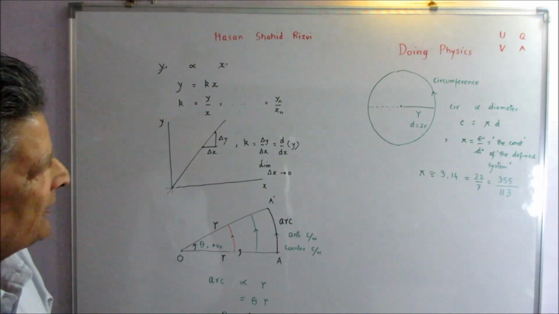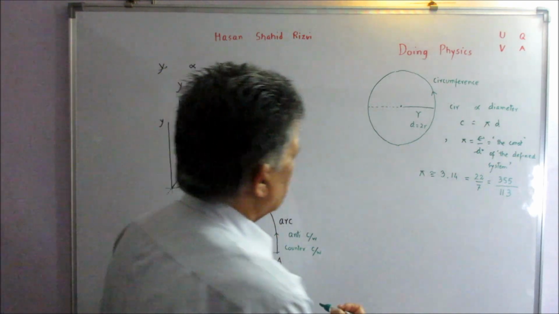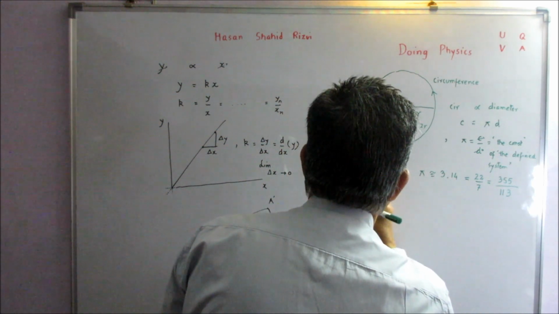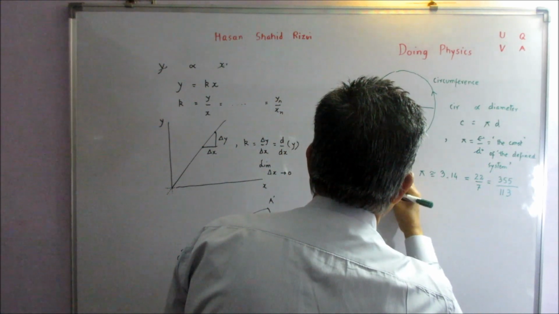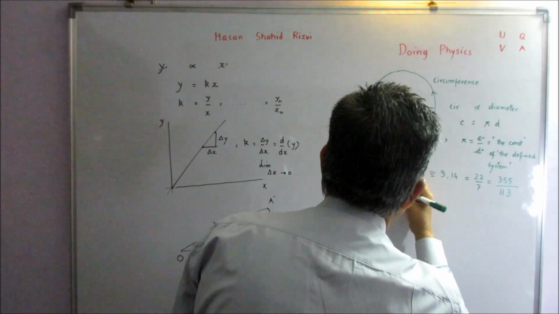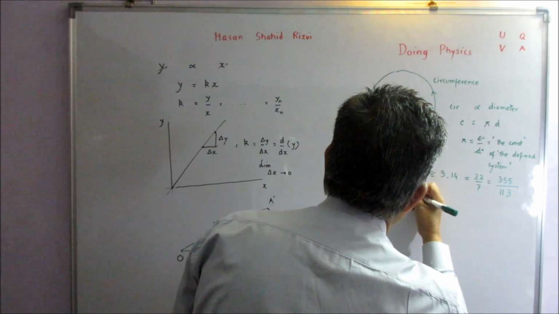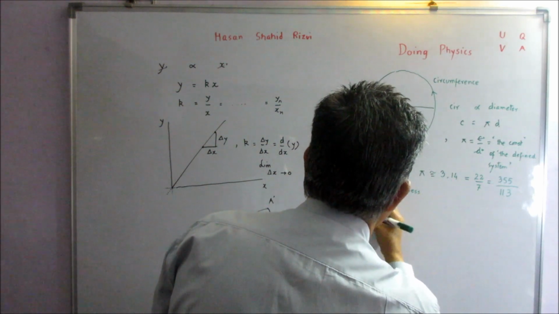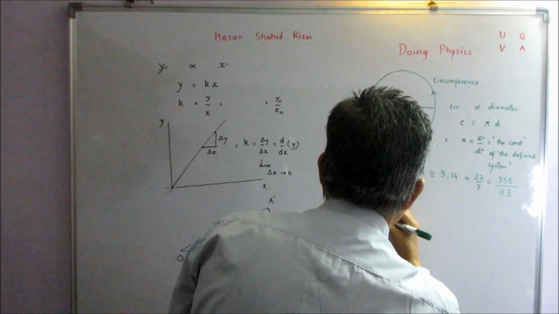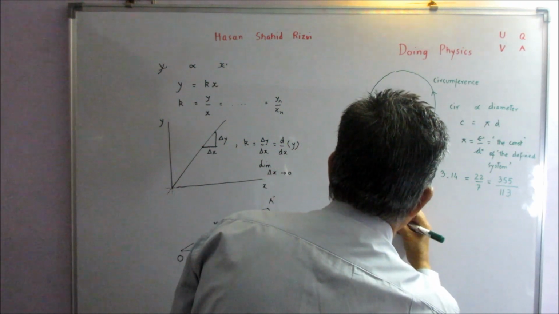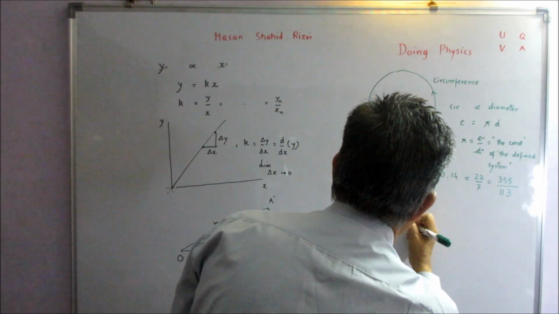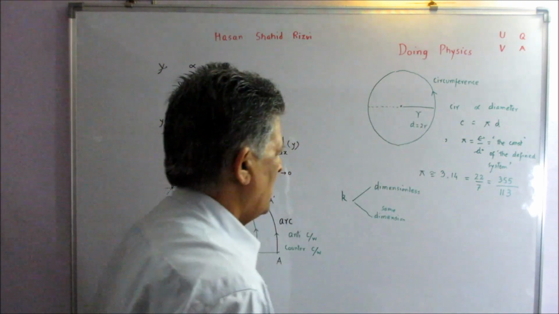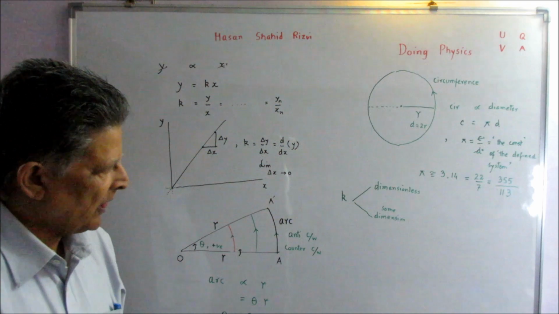Now this k may be dimensionless, in the special case when x and y have the same dimensions, and k may have some dimensions.